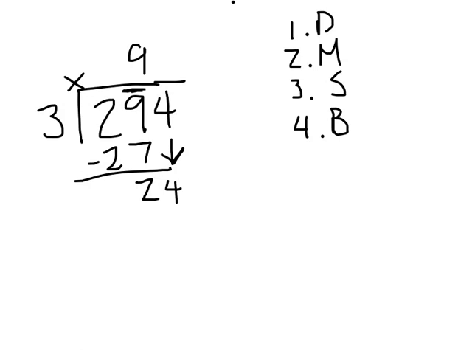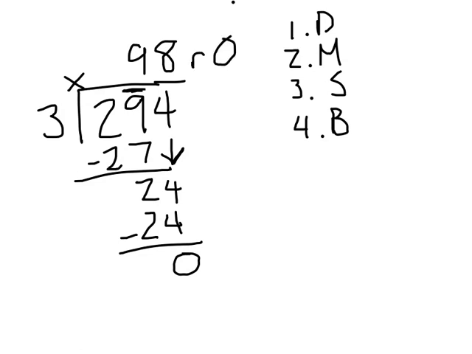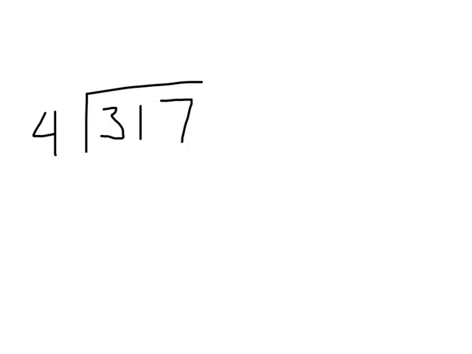How many times does 3 go into 24? 3 goes into 24 8 times. 8 times 3 is 24. When I subtract, I have nothing left over. So 294 divided by 3 is 98, remainder 0.